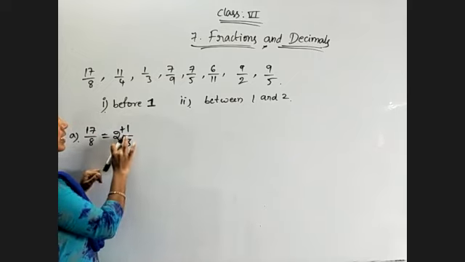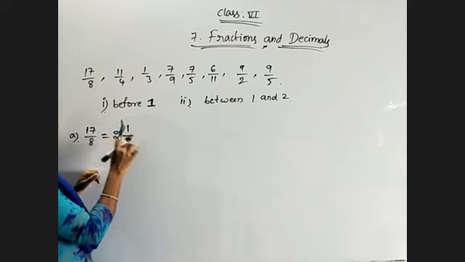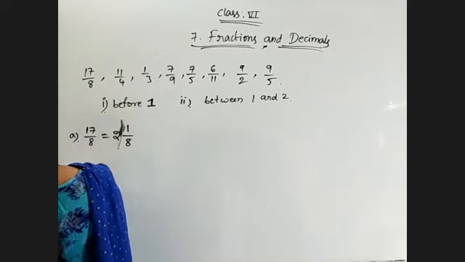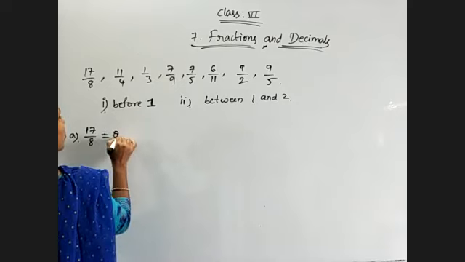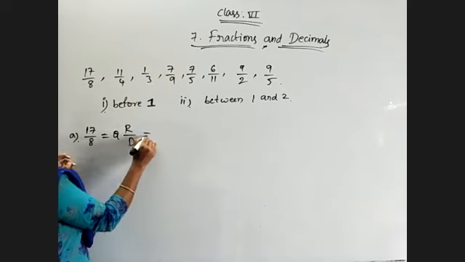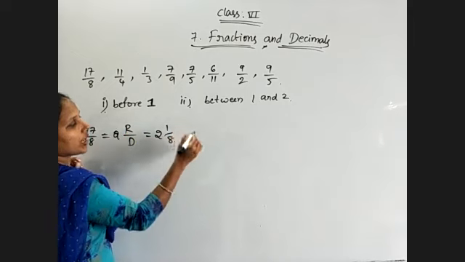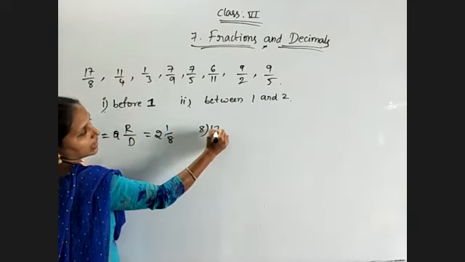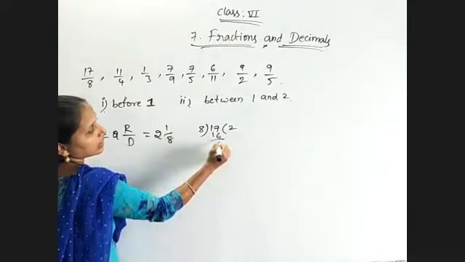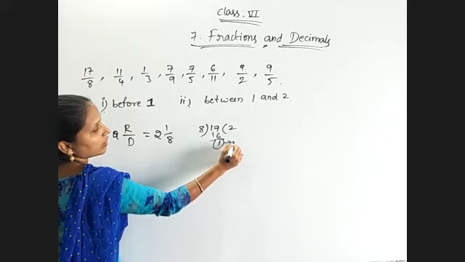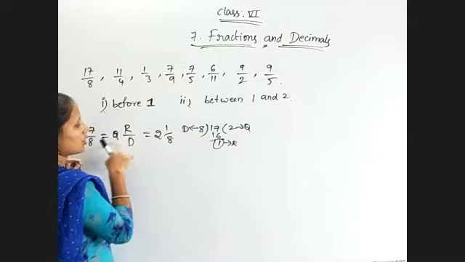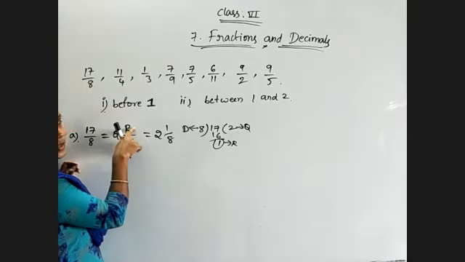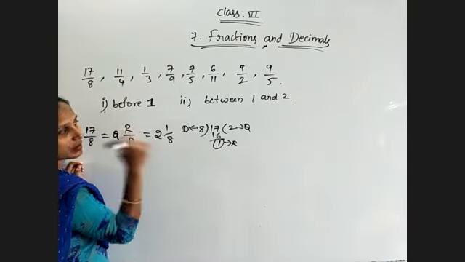Otherwise, go through with the division, Q R by D. Compulsory, we will get 2 1 by 8. If you have any doubt, go through with division. 8 2s are 16, remainder is 1. So quotient is 2, remainder is 1, divisor is 8.